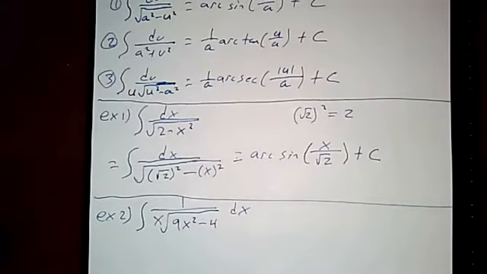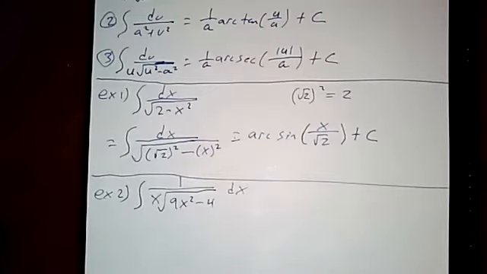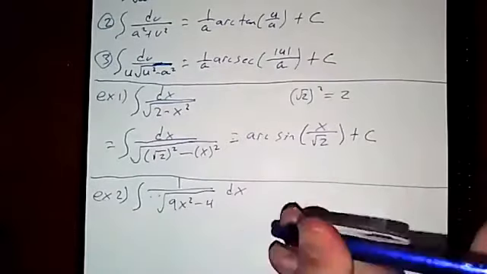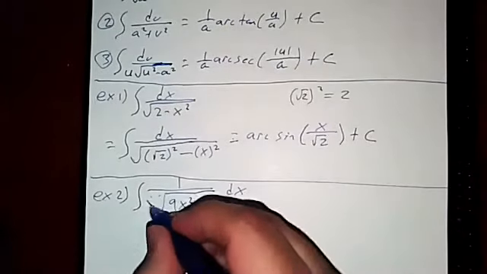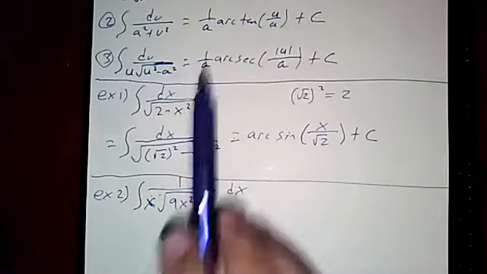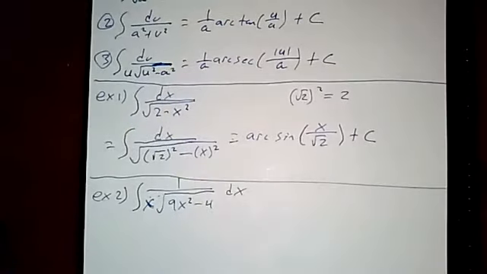Which one do you think this one looks like? Third one. Yeah, it looks like we'll be using formula 3, so we have to make sure it's set up. It's the only one with a variable outside.